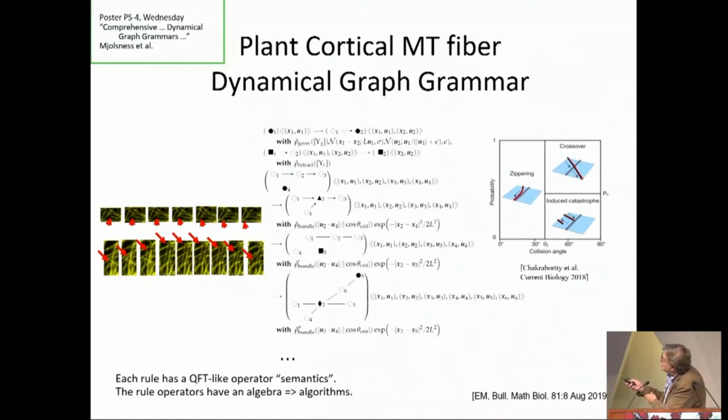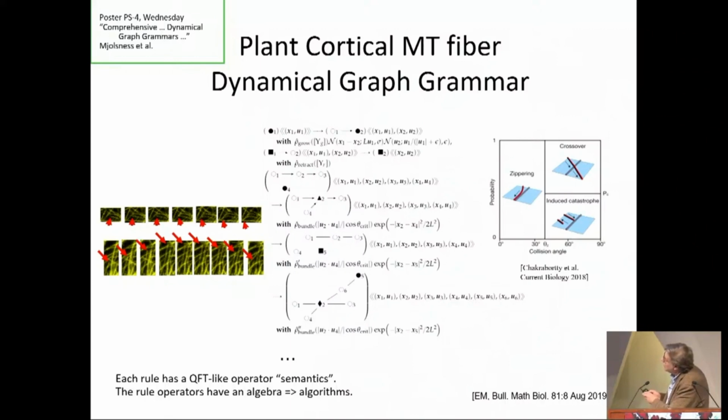You can have a leading edge of a microtubule turn into an interior node, followed by a new leading edge, with a certain probability per unit time, and the reverse. And then when one cortical microtubule hits the side of another, there are three outcomes. One is bundling, if the angle is shallow. One is catastrophic retraction of the collider, and the other is jumping over and forming a junction.